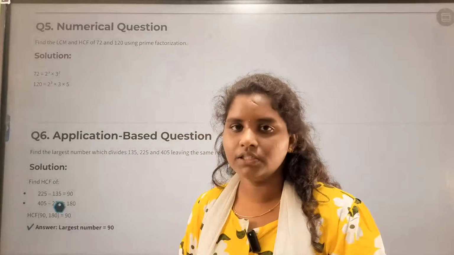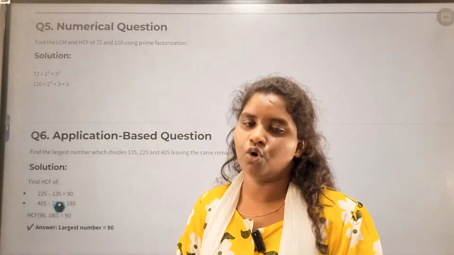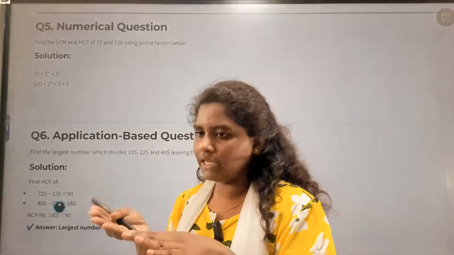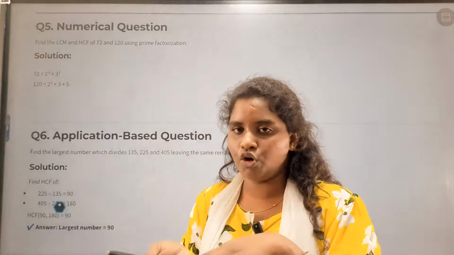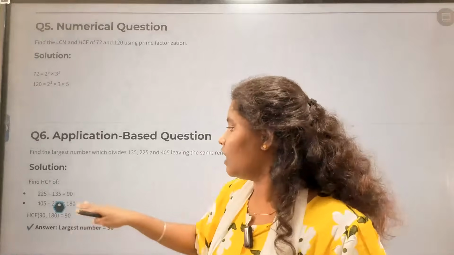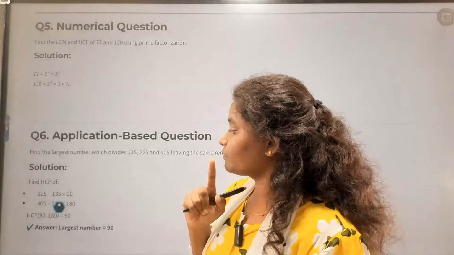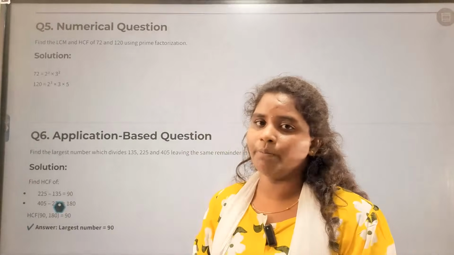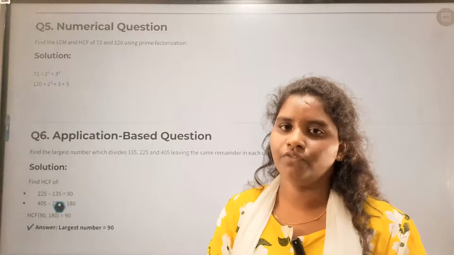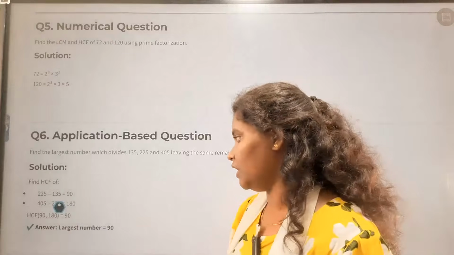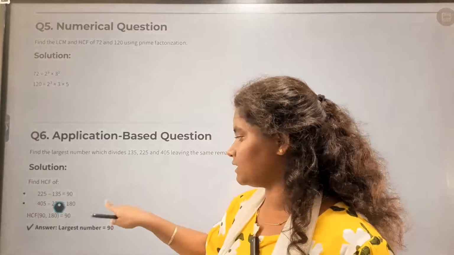So in this, we have to find the HCF of the two differences. If I take the HCF by using prime factorization, we'll get the answer as 90.